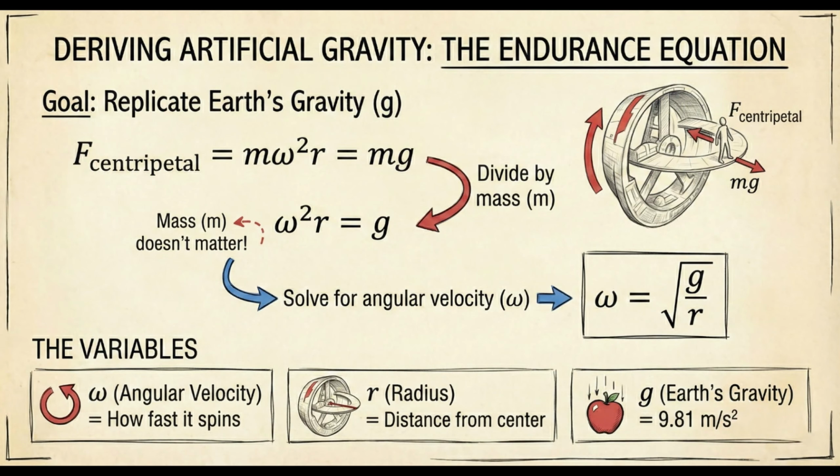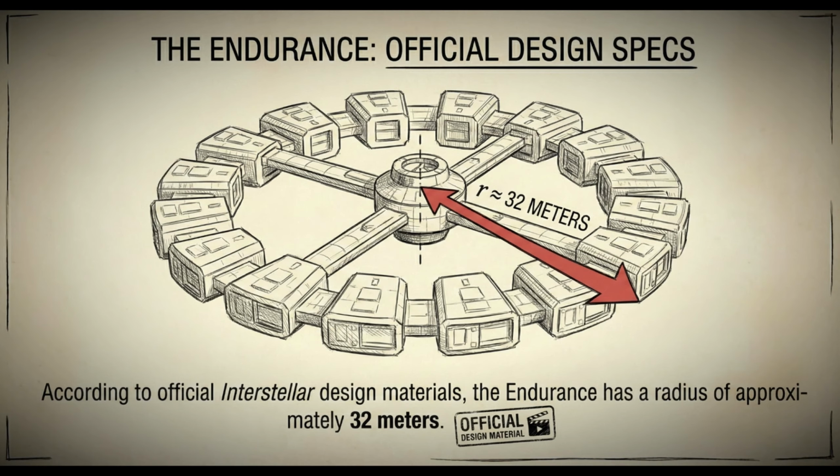To replicate Earth's gravity, we need to balance centripetal acceleration with gravitational acceleration. So we have omega, how fast it spins, r, the radius, and g, Earth's gravity, 9.81 meters per second squared. According to official Interstellar design materials, the Endurance has a radius of approximately 32 meters.